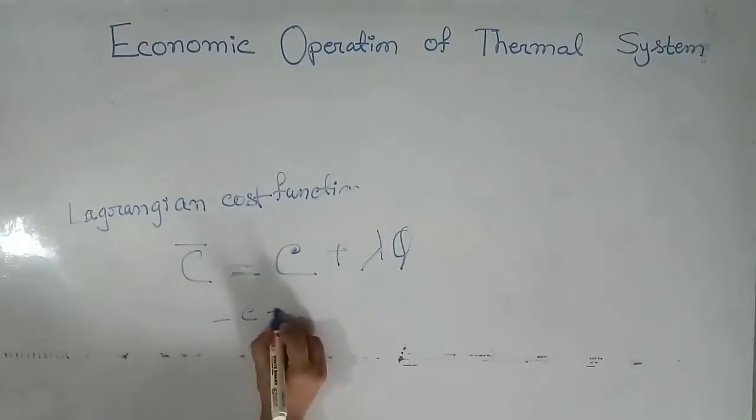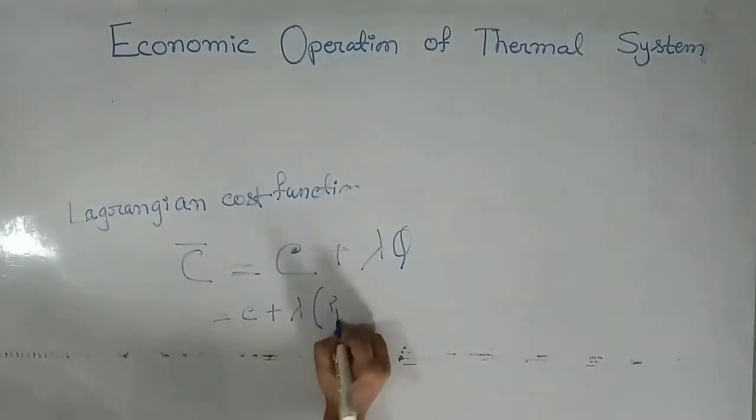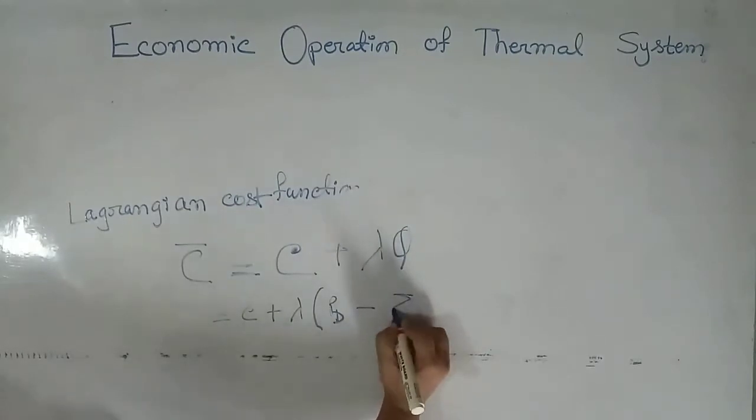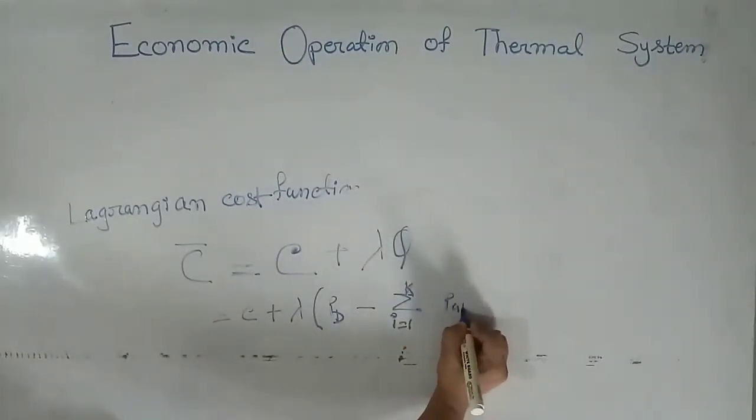Now what is the constraint function? That is P demand minus summation i equals 1 to K of PGi.